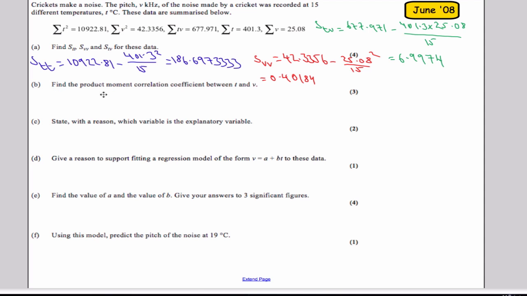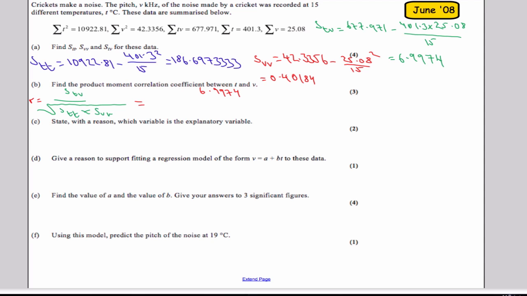4 marks going there. Find the PMCC coefficient between T and V. That's going to be calculated as STV over the square root of STT times SVV. And this is why I didn't round earlier on. I want to keep my answer as accurate as possible. STV is 6.9974.